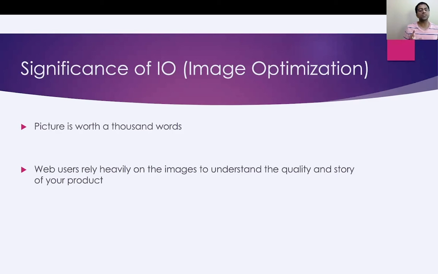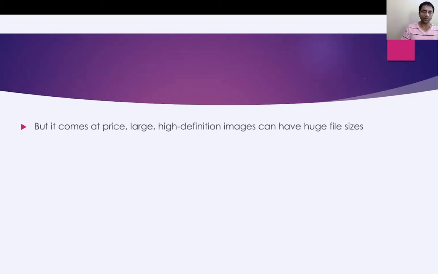The one thing that you need to know here is those product images need to be of high resolution and crisp. Otherwise, there is no way that users will want to buy your product if they're not pretty, if they're not crisp, and if they're not of high resolution or high quality, right?